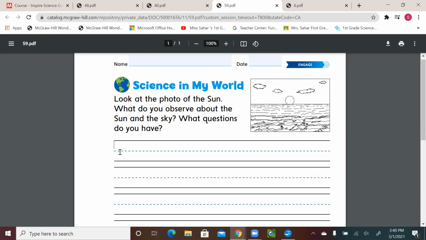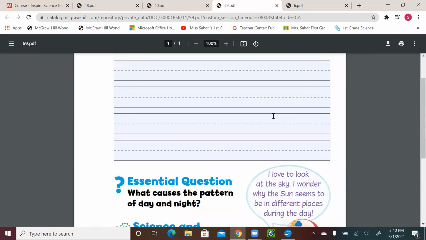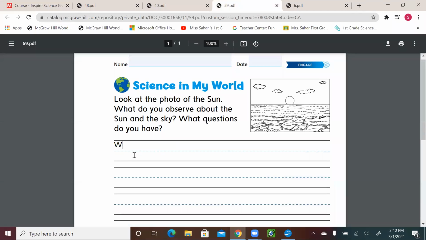So we can say, for example, why is the sun, as we see, very low? So we ask, why is the sun so low in the sky?